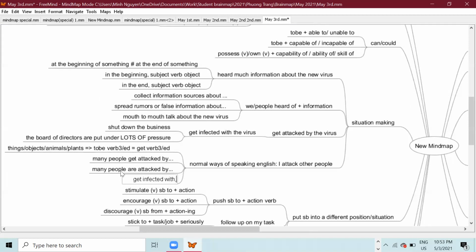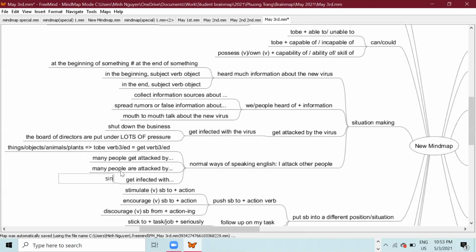Get infected with something. This state grows from sickness to disease, and then to a pandemic.